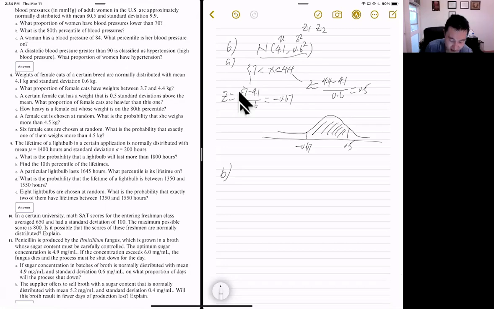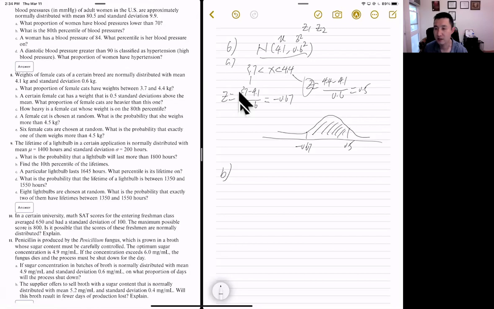So what does it mean when it says 0.5 standard deviation above the mean? Remember what the z-score tells us: how many standard deviations it is away from the mean value.